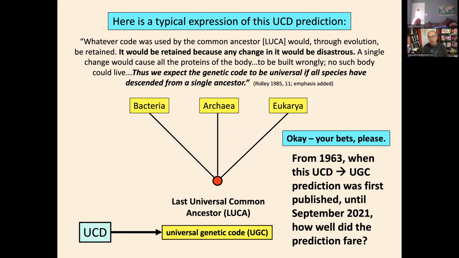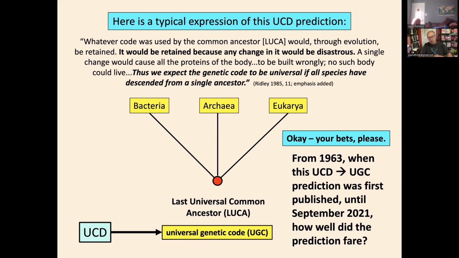So 1963, the prediction is first made, and I have never found an earlier prediction than that, but it's interesting to me that 3 years before the code was actually solved, biologists knew there had to be one because of how protein assembly worked, and that you were going from one realm of chemistry, one alphabet, the 4 nucleobases of DNA, to the 20 amino acids at the time, now it's 22, the 20 amino acids of the alphabet in protein assembly.